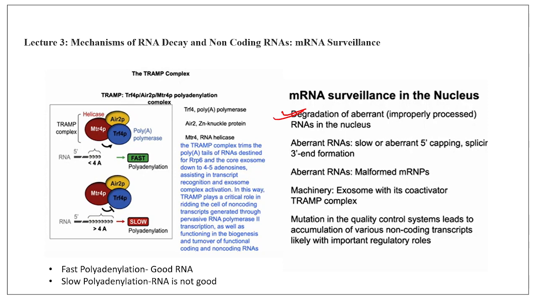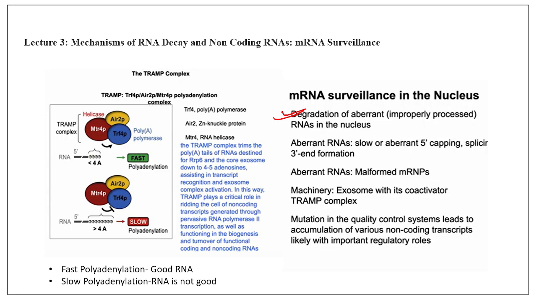Okay, now, how to identify an RNA which is improperly processed, which is aberrant? An aberrant RNA which is improperly processed will have a very slow 5' capping and a very slow poly A tailing also. So always remember, an RNA which is malformed or not proper will have a very slow polyadenylation, and very slow capping will take place.